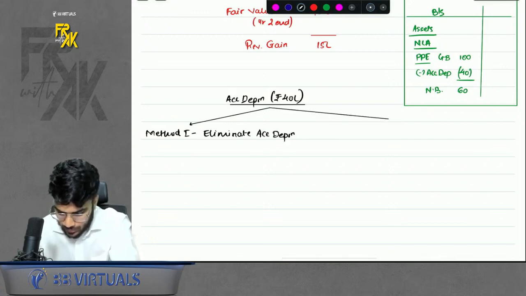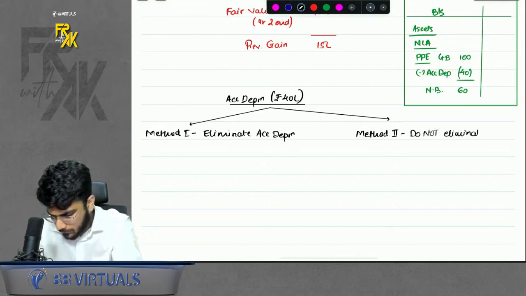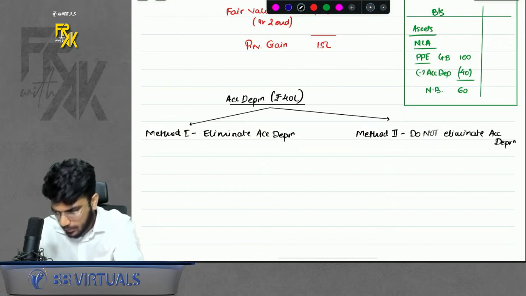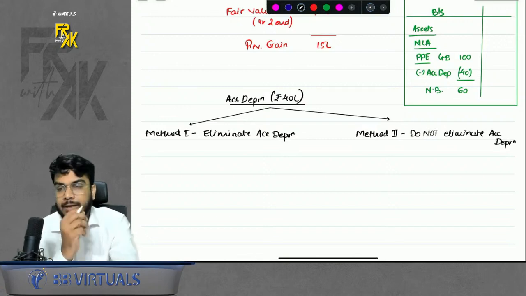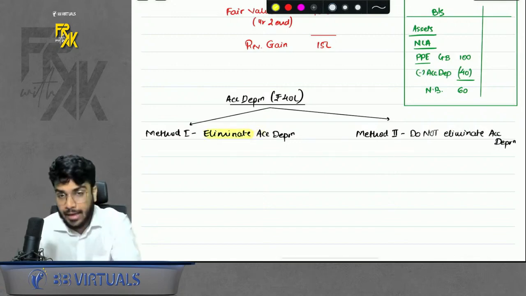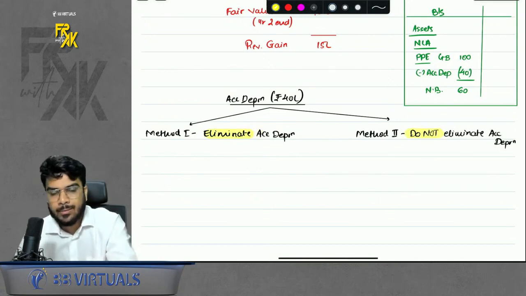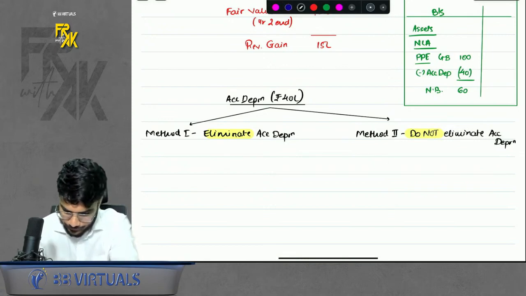And method number 2 is we will not eliminate accumulated depreciation. First is eliminate accumulated depreciation. Second is do not eliminate accumulated depreciation. Clear, guys? Yes, sir.